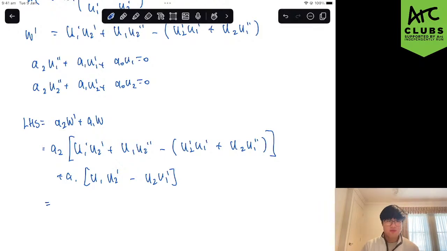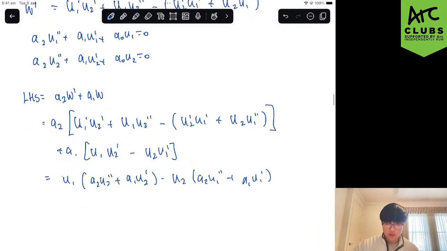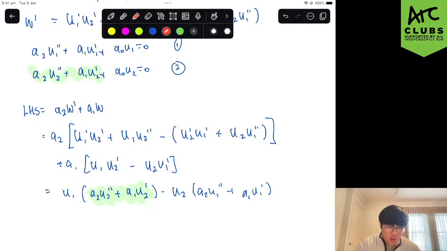Then, as I said, we'll skip through a lot of the algebra. So what this ends up being is U1 times A2 U2 double dash plus A1 U2 dash, minus U2 times A2 U1 double dash plus A1 U1 dash. That's what we get it to be equal to. And if we label these equation 1 and 2, we see from equation 1 and 2 that this here and this here align, while this here and this here align.